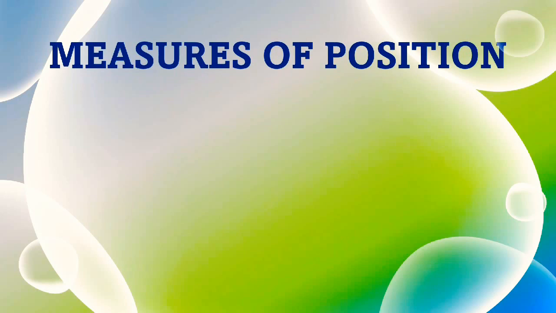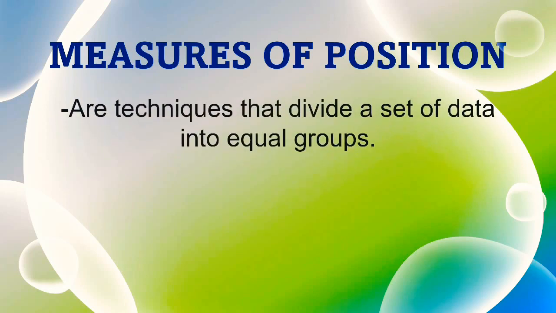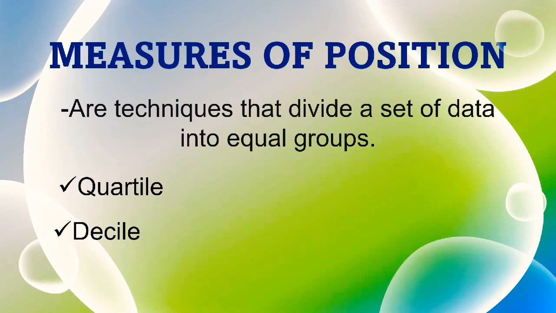In our previous discussion, I discussed to you what measures of position is all about. When we say measures of position, these are techniques that divide a data into equal groups, namely the quartile, the decile, and the percentile.